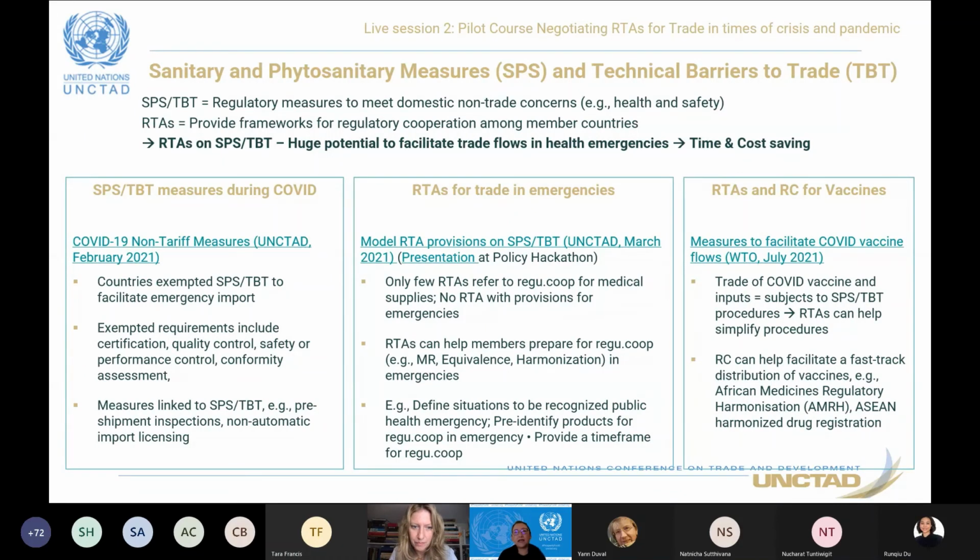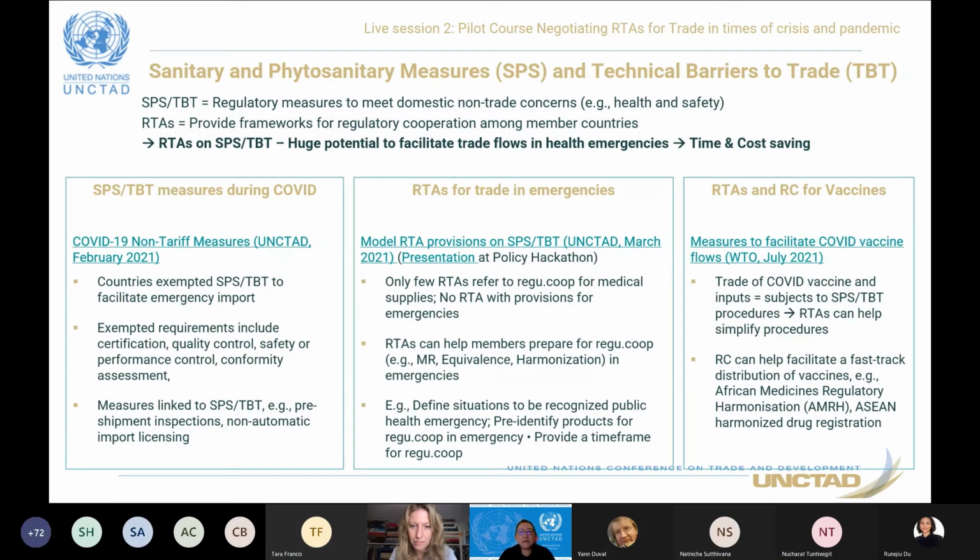If we already have that kind of regional cooperation ground, then the time required for identifying what kind of requirements, what kind of medicines and inputs could be imported within the region could be eliminated, and it really facilitates a very quick reaction to the emergency by facilitating trade.